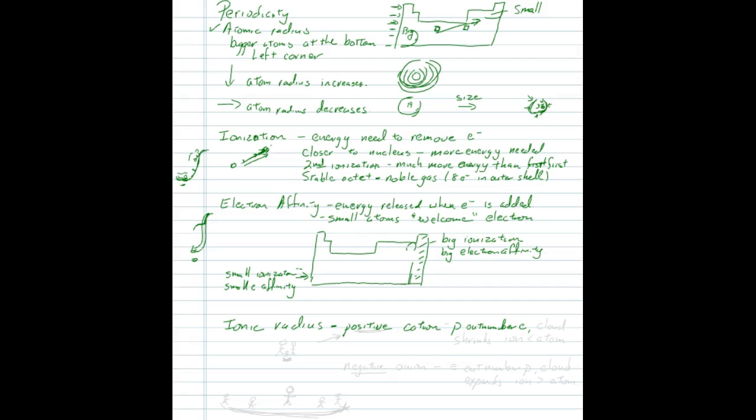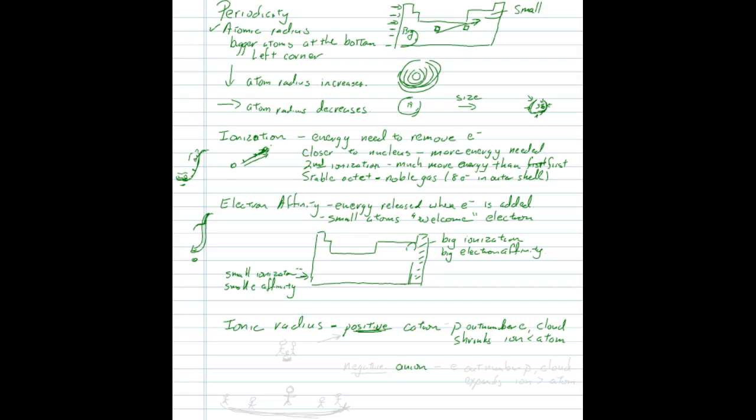Protons will pull it in, and if the cloud is pulled in, the cloud shrinks so that the size of the ion is smaller than the size of the neutral atom. That's if it's positive. You're losing electrons, and the positive charges outnumber the negative electrons, so it sucks it in.